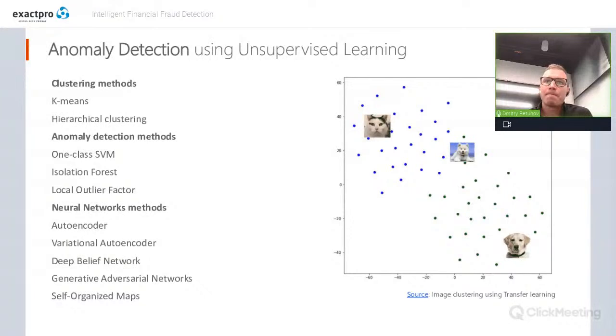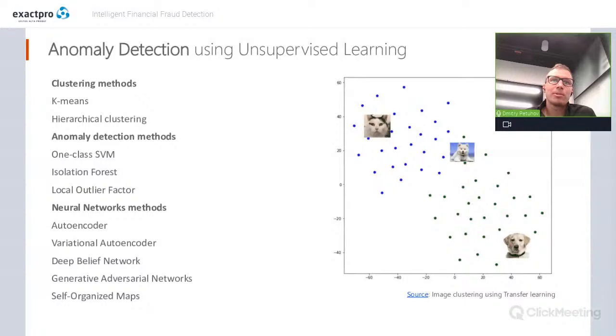And neural network methods have a slightly different, maybe drastically different approach. Some of the neural network methods, like the autoencoder neural network, create some. I missed clustering methods. You see, I missed some important detail.